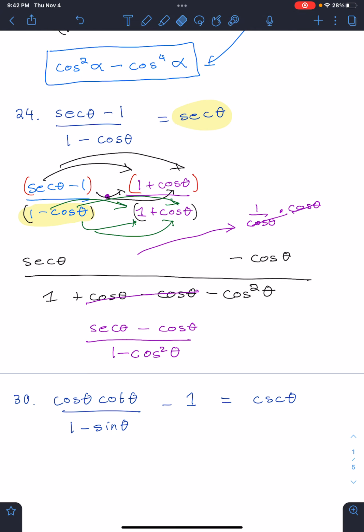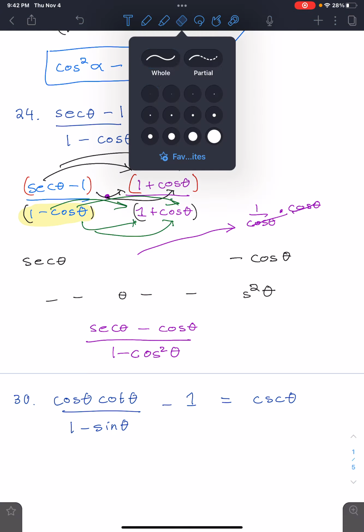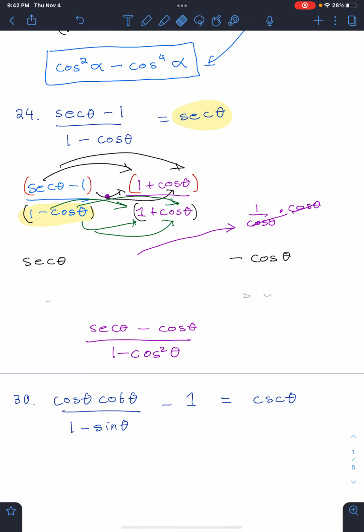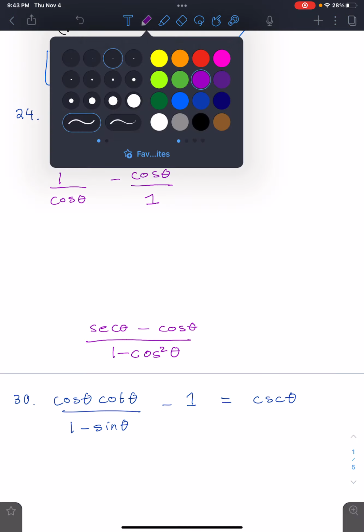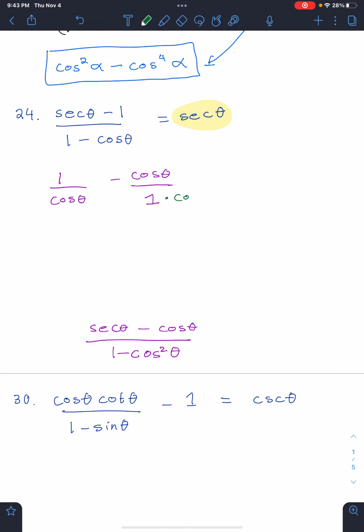So what we're going to do, I'm going to erase everything on the top for a second. Sorry about that. And we're going to write, for secant, 1 over cosine minus cosine. I'm going to multiply this by cosine in order to make it the same denominator.